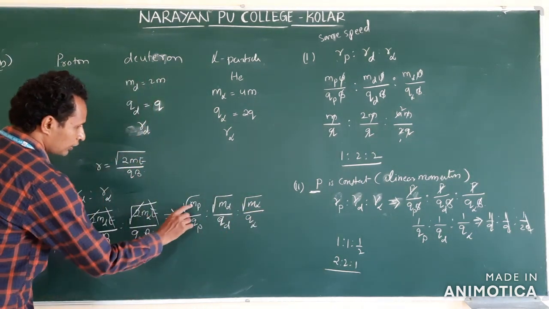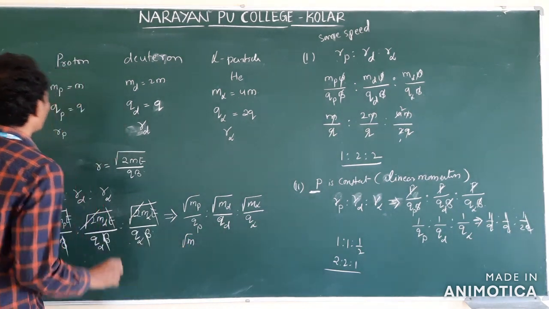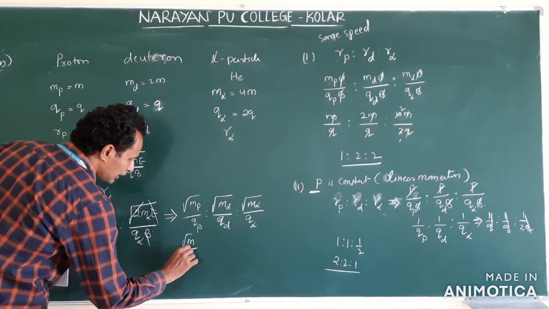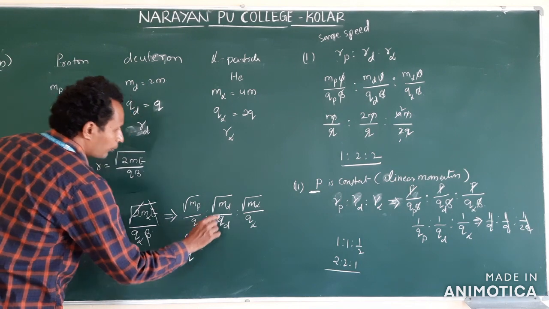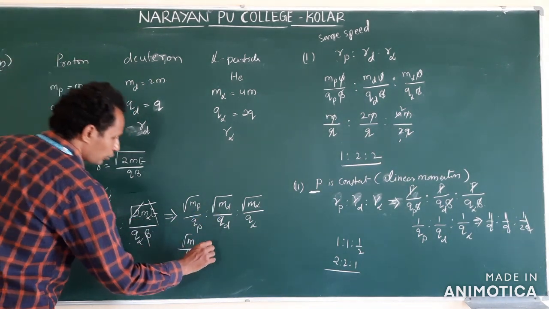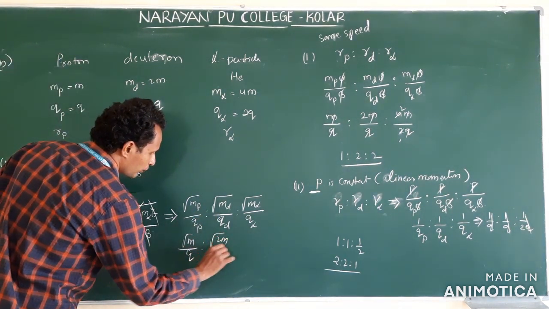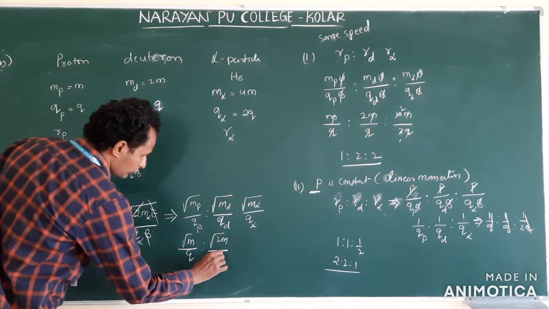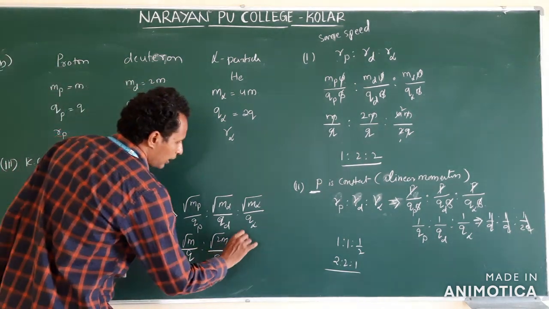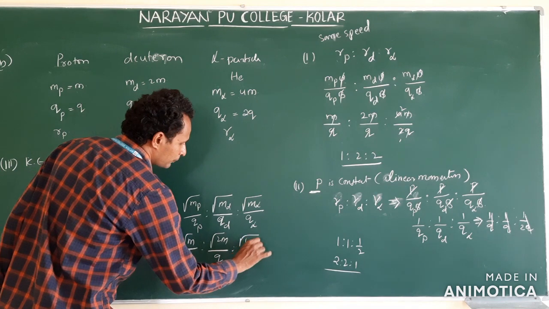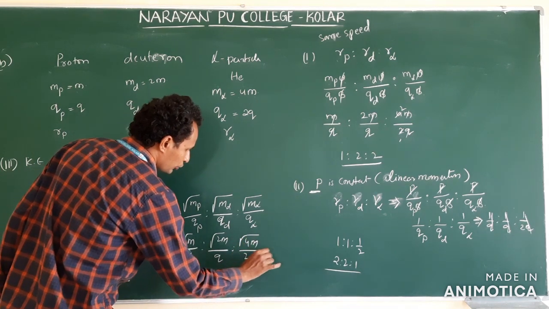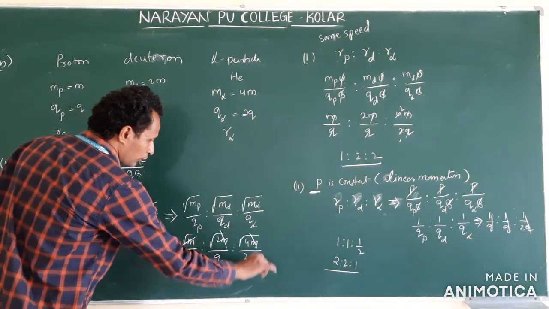Substitute their values. Mass of the proton is M, by charge of the proton Q. Mass of the deuteron 2M, so root 2M, charge is Q. Mass of alpha 4M, charge of alpha 2Q. Root M cancel.